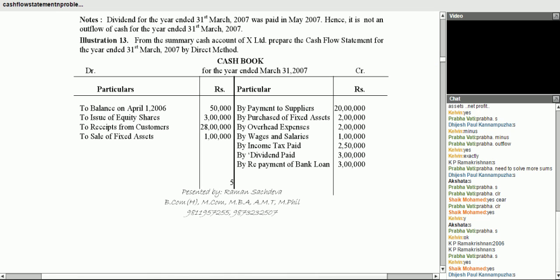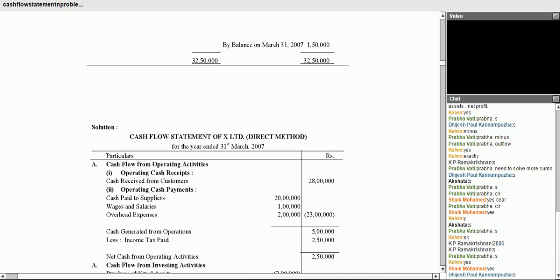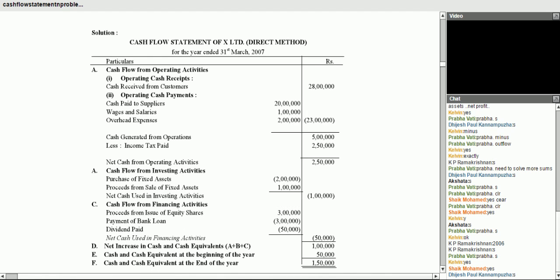Now we can convert it into a cash flow statement like this. All of you can go through it. Nothing much to explain in this, just go through it.